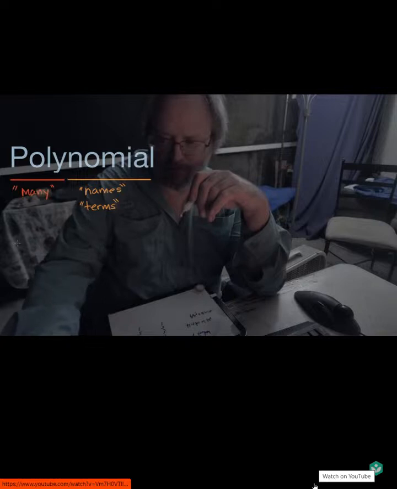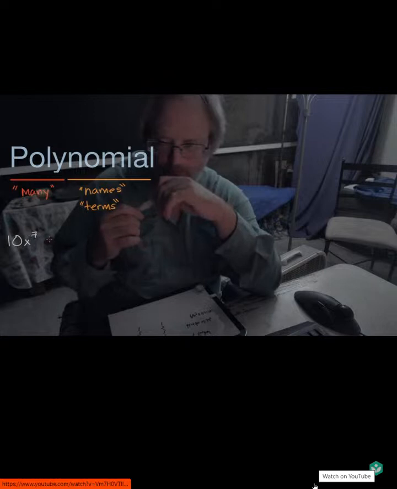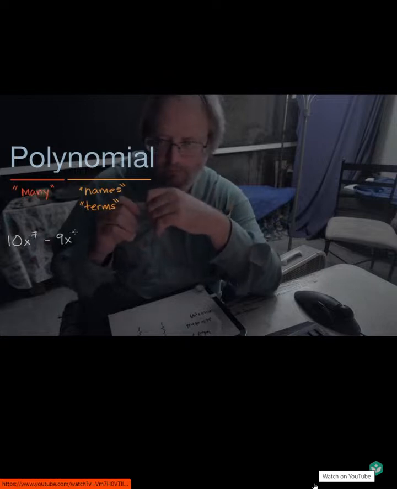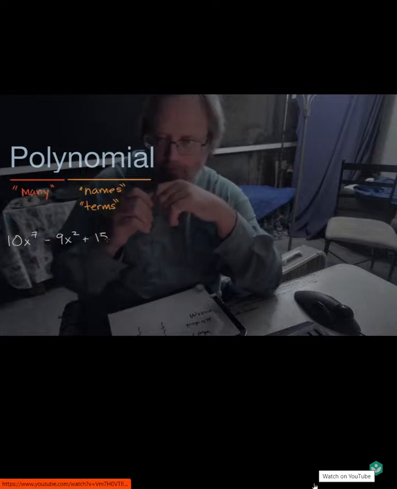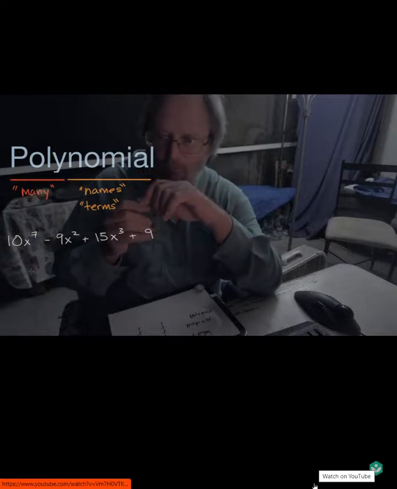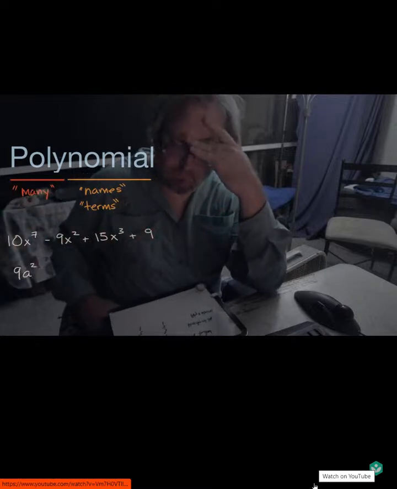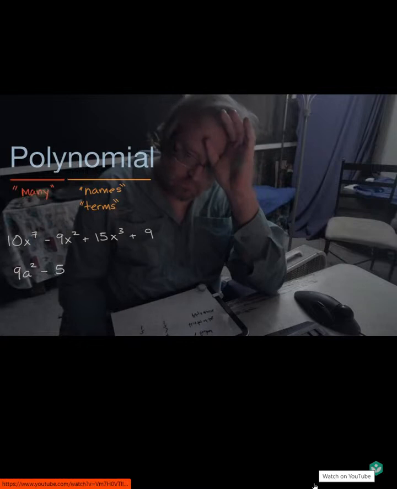So an example of a polynomial could be 10x to the 7th power minus 9x squared plus 15x to the 3rd plus 9. This is a polynomial. Another example of a polynomial, 9a squared minus 5.